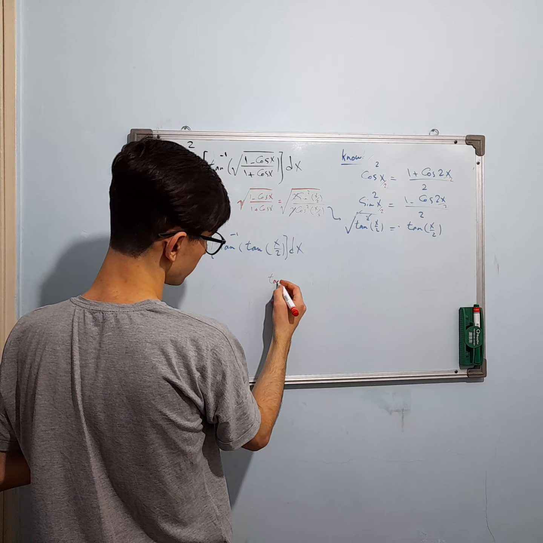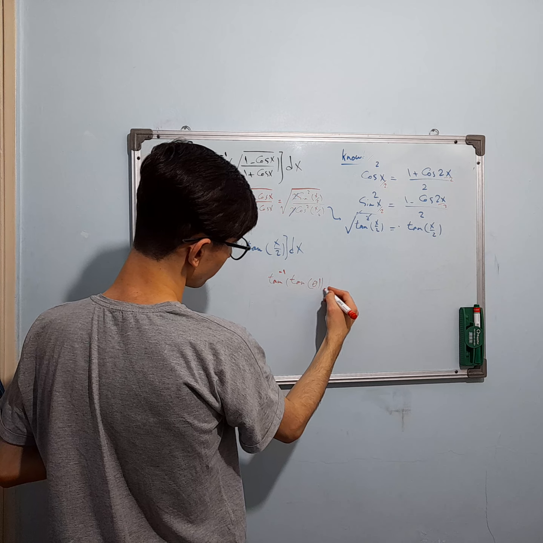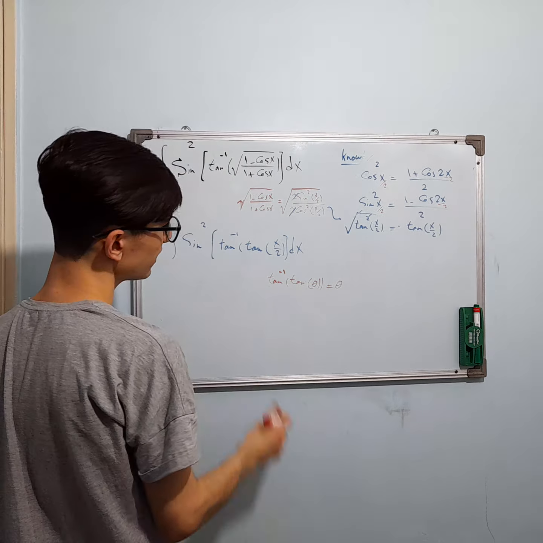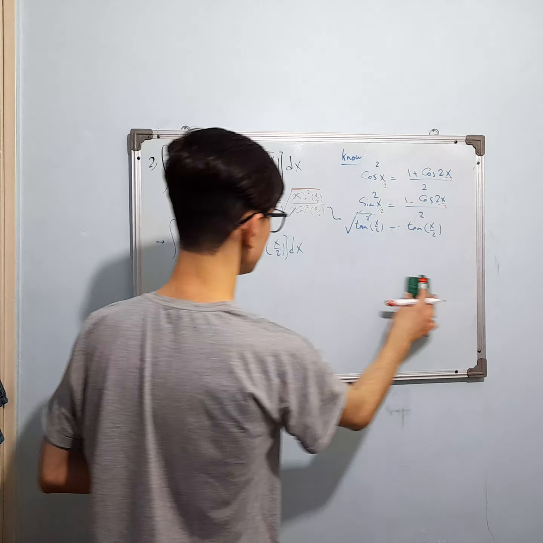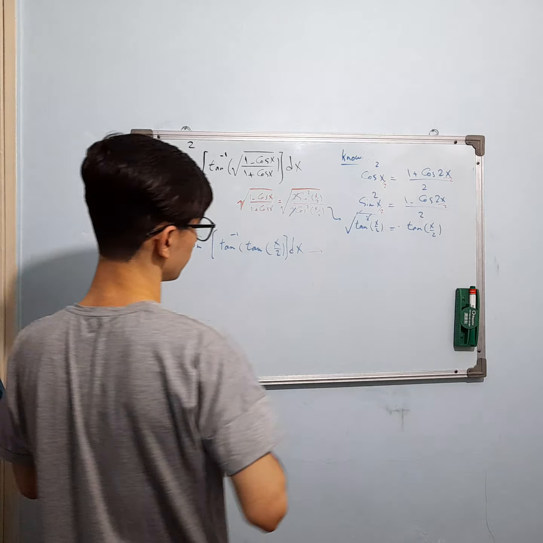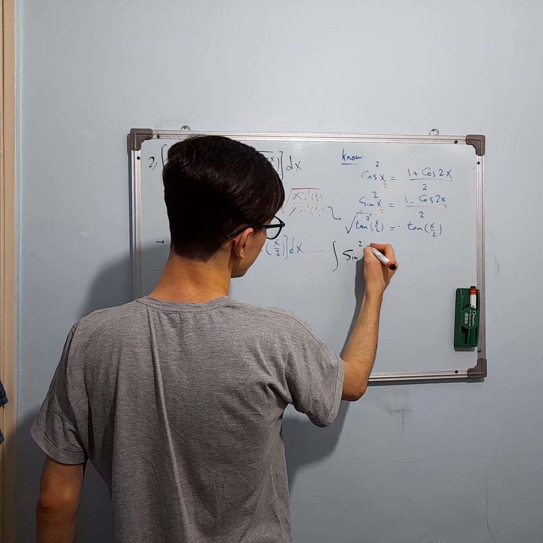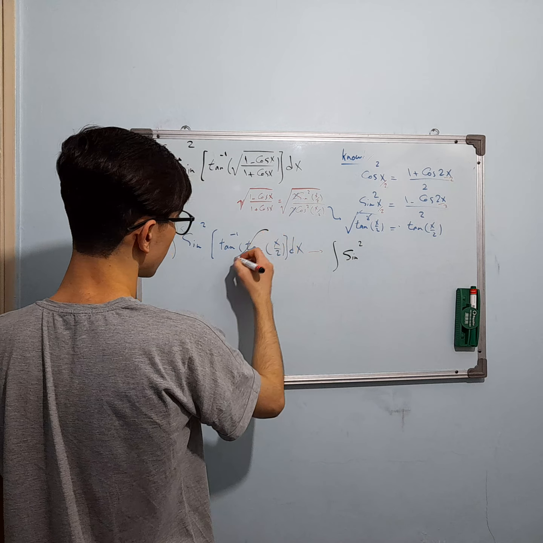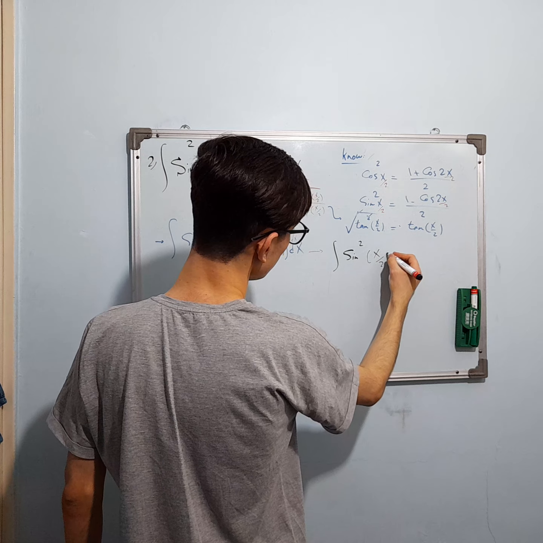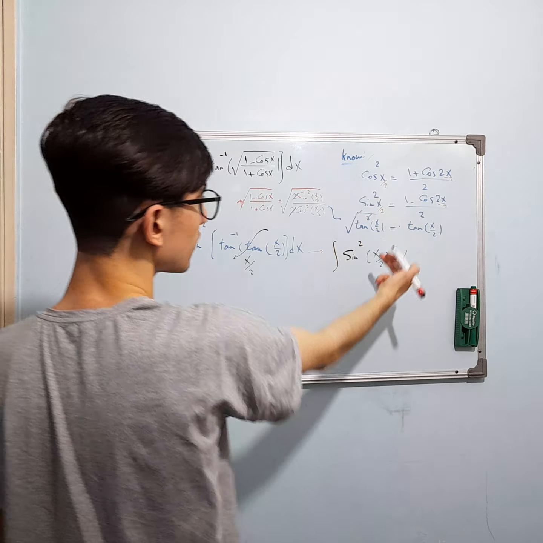Inverse tangent of tangent theta is theta, but here it is x over 2, so it is x over 2. So now we have sine squared of x over 2 dx.